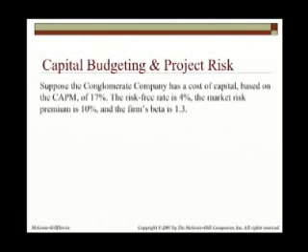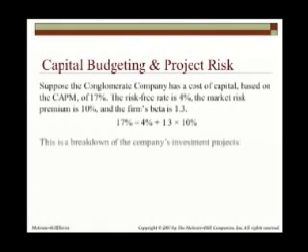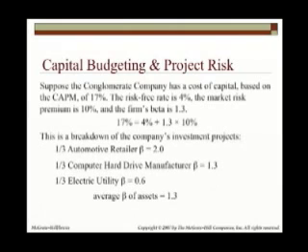But let's take a closer look at Conglomerate Company. It's a 1/3 automotive retailer, 1/3 computer hard drive manufacturer, 1/3 electric utility. I'd love to know who put this thing together. The beta of auto retailers is 2, so apparently that's a fairly high-risk business.